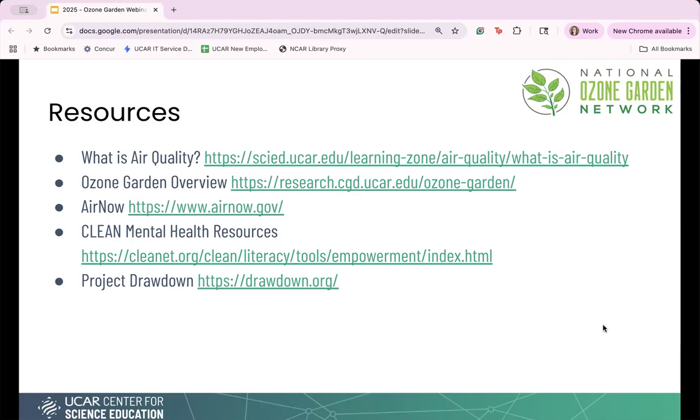I mentioned just a small sampling of what Project Drawdown has. They have many ideas ranging from individual to global solutions for talking about air quality and improving our atmosphere. It's a great place to go check out. And again, these slides will be available to all of you, so you can look at the links too.